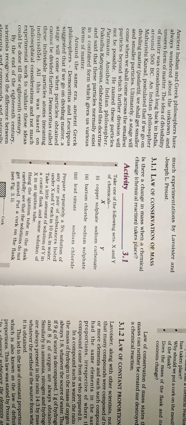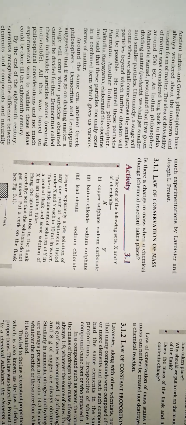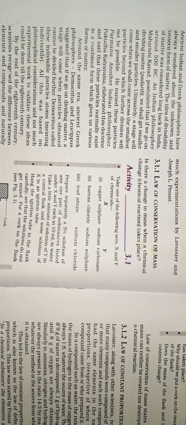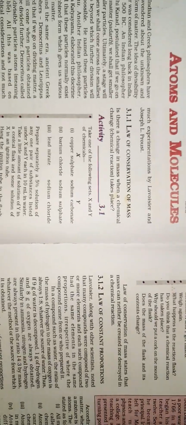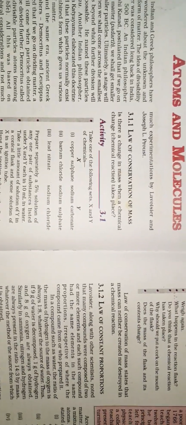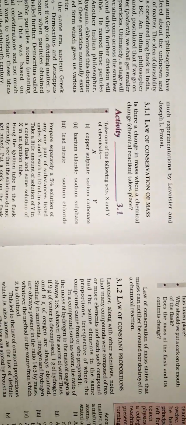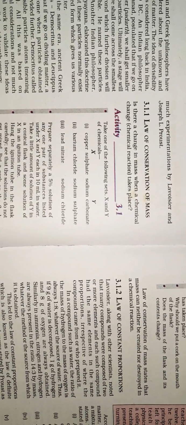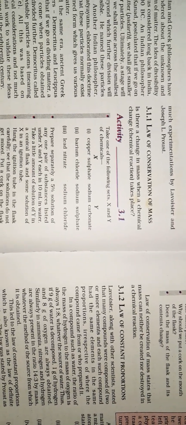But what are the reactant and product? The substances present before the reaction are called reactants and the substances formed after the reaction are called products. To understand the law of conservation of mass, we have to perform an activity. For this activity, we need copper sulfate, barium chloride, lead nitrate, and from column Y sodium carbonate, sodium sulfate and sodium chloride.